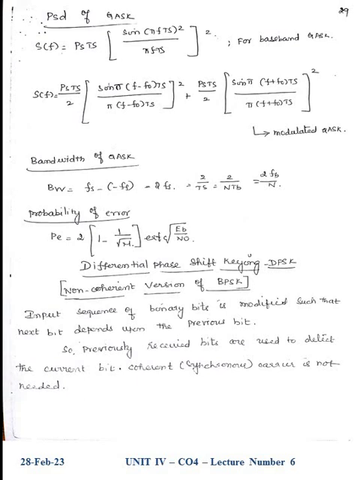Another variant of DPSK is symmetrical differential phase shift keying, or SDPSK, where encoding would be plus 90 degrees for 1 and minus 90 degrees for 0. So here we have only DPSK, and we will discuss DPSK in a detailed way.